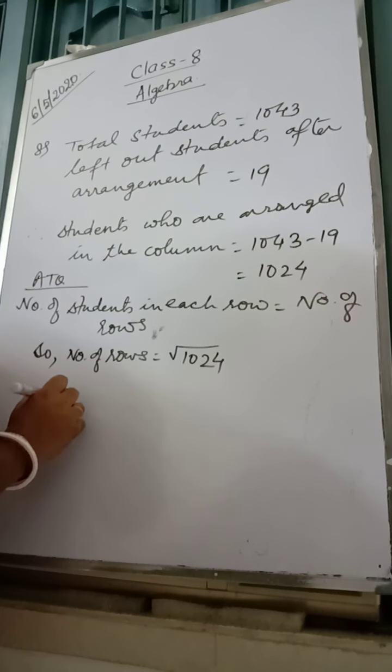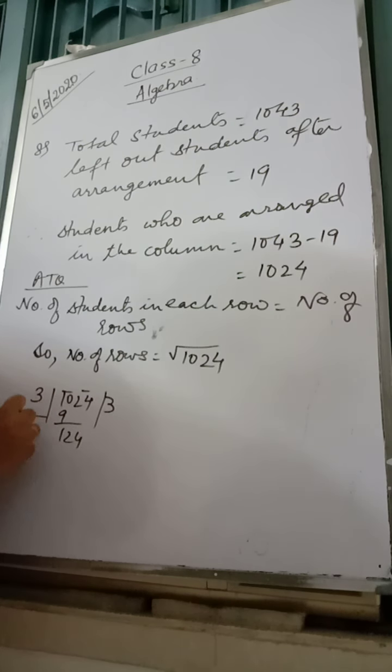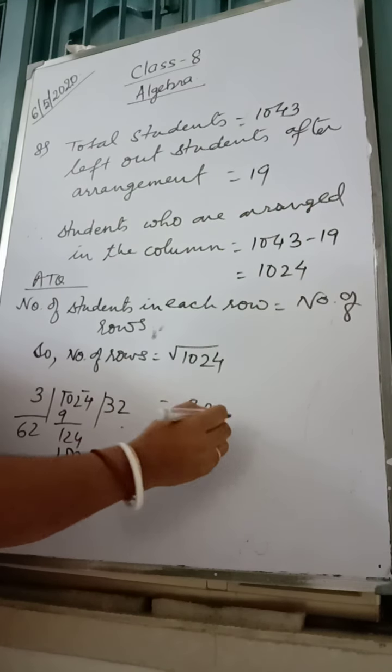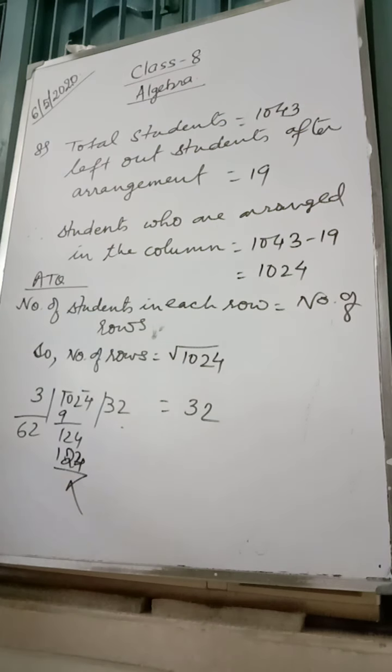Now we'll get the square root of 1024. 3 3s are 9. 2 2s are 4. 2 6s are 12. So 32. We have got.